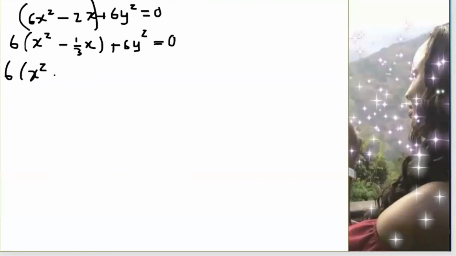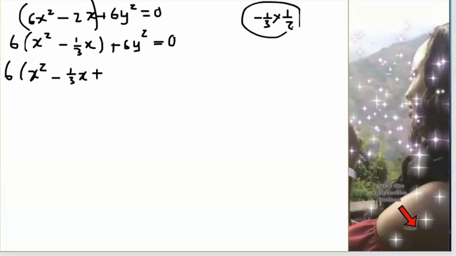Alright, so let's go. I'll find half the coefficient of x. It means a half of minus 1/3. So half of minus 1/3, another way, you can just multiply this by a half. It's the same thing. So minus 1/3 times a half is minus 1 over 6.